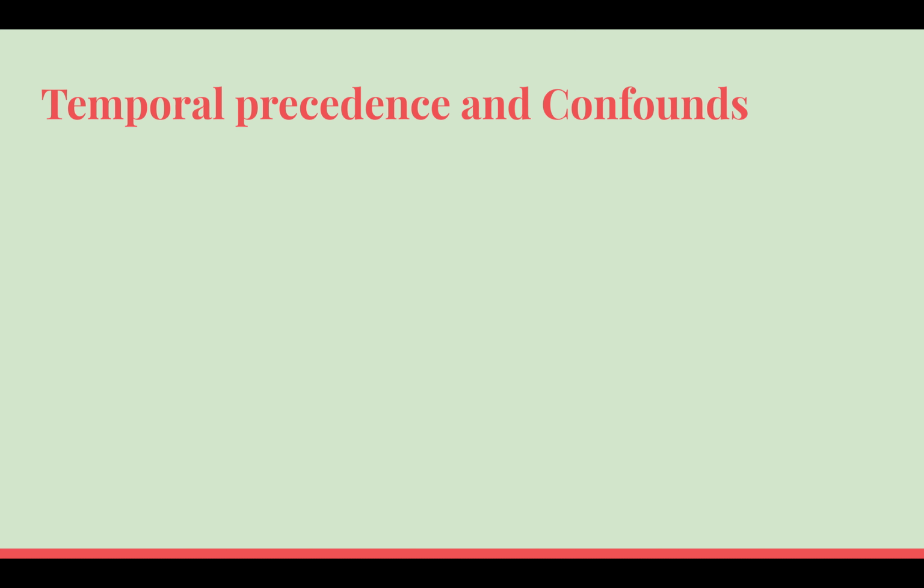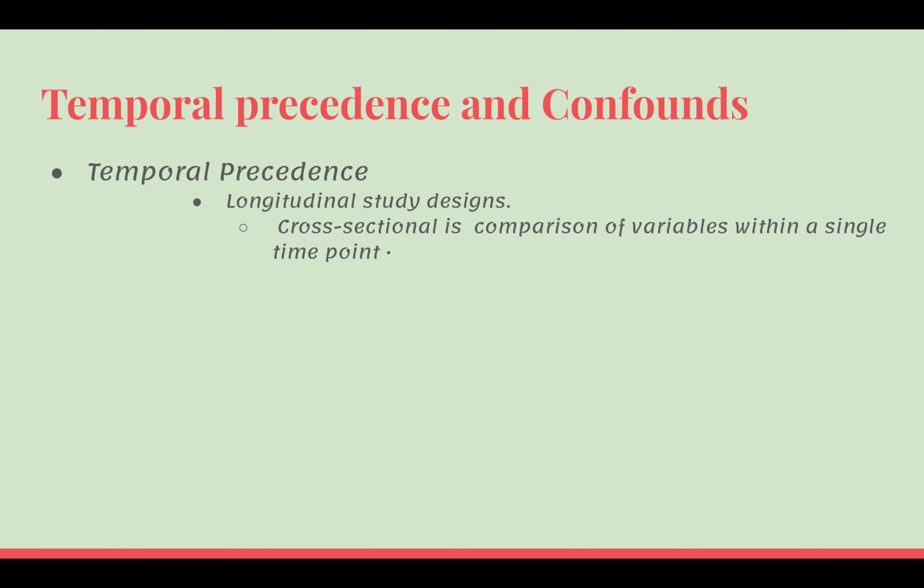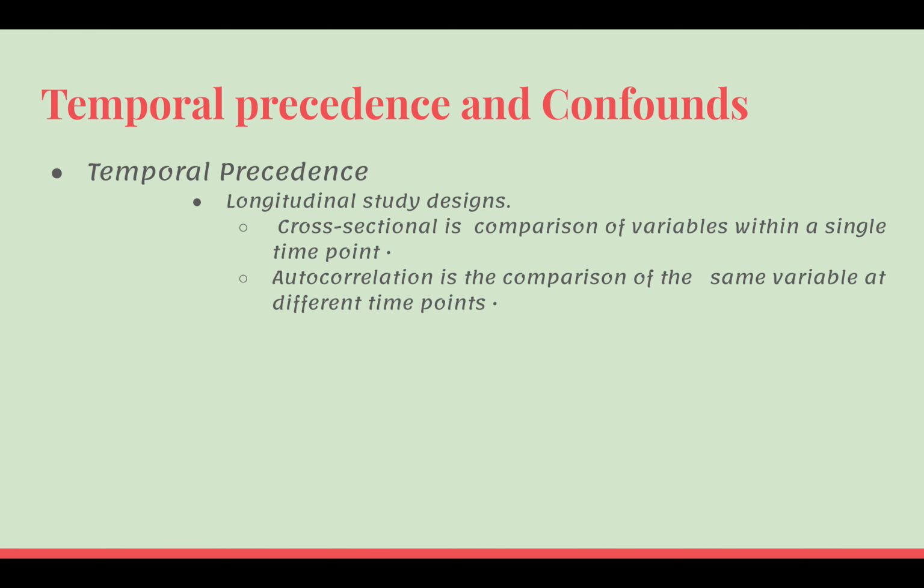Temporal precedence and confounds. In order to help establish temporal precedence in a bivariate design, longitudinal study designs are utilized. These are designs that set out to measure the same variable in the same participants at multiple time points. Cross-sectional is a comparison of variables within a single time point.